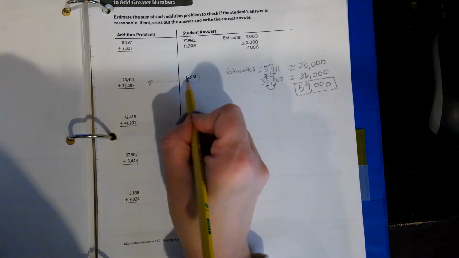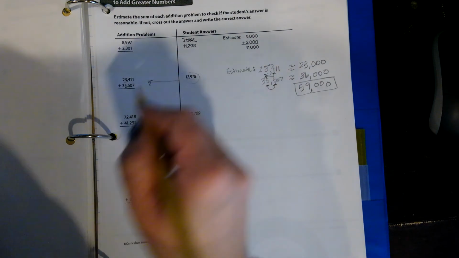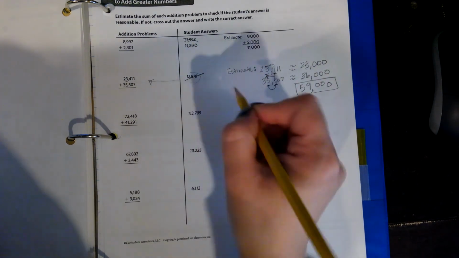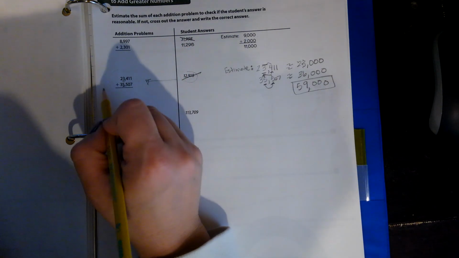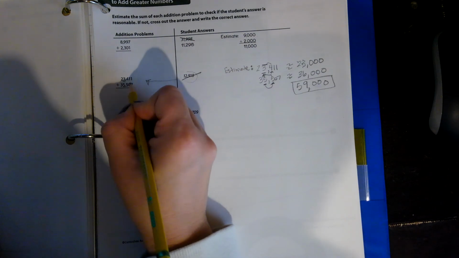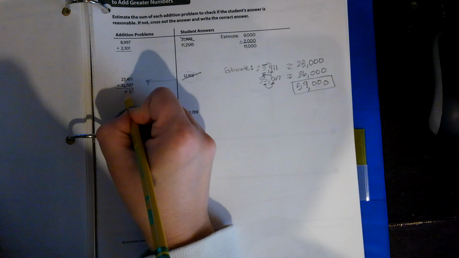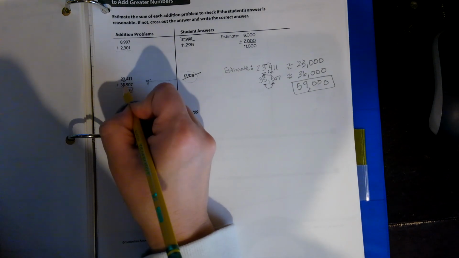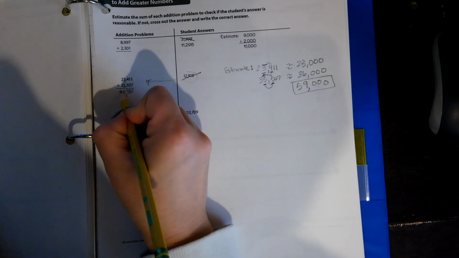Their answer was only 12,000. Clearly they did something wrong. So we are going to cross this out, and then we're going to solve it over here to find the correct answer. Okay, so 1 plus 7 is 8. 1 plus 0 is 1. 4 plus 5 is 9. 3 plus 5 is 8. 2 plus 3 is 5.